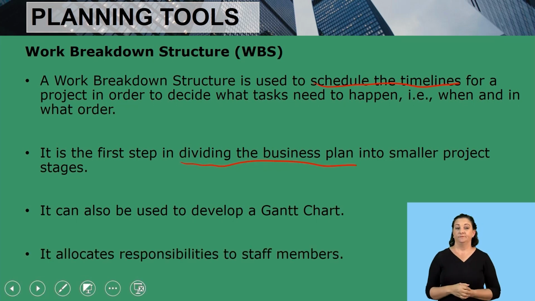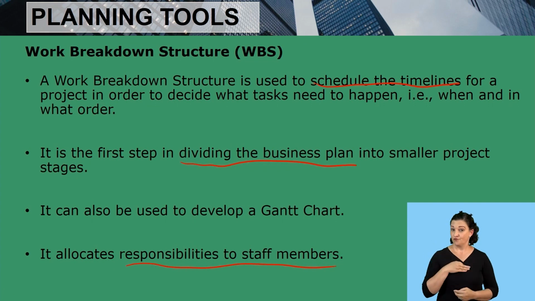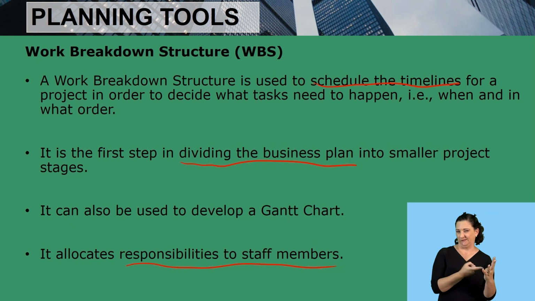It allocates responsibilities to staff members. So a work breakdown structure assists us in allocating activities to staff members so that they know that this particular staff member is going to perform this role and this other one is going to perform this particular role, so as to make sure that there is no confusion between staff members on the roles that they have to perform.